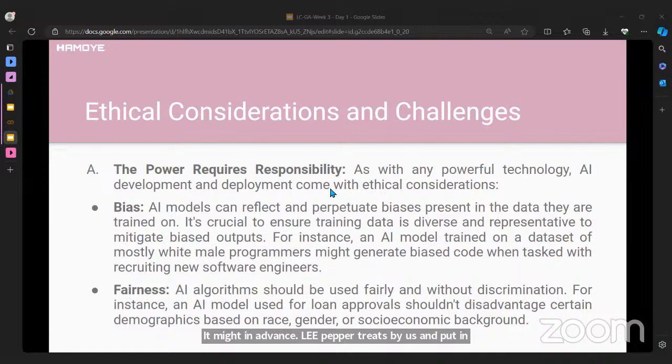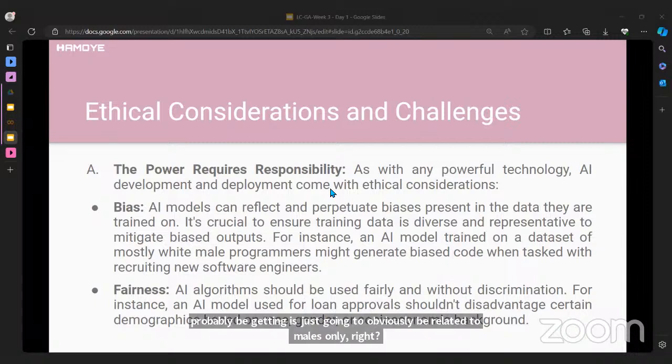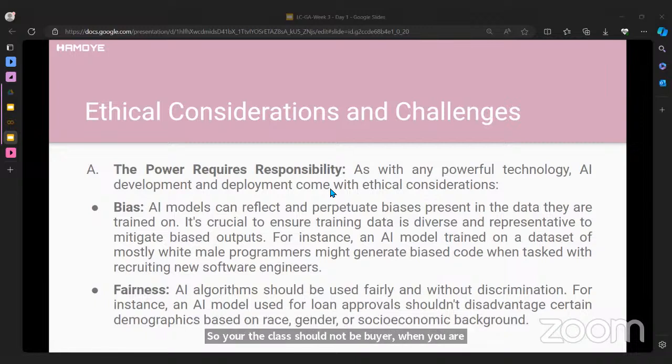So if it's all about males and maybe you are trying to recruit a female, the information you'll be getting is obviously going to be related to males only, right? So your data should not be biased when you're training these models. To combat this, it's essential to use diverse and representative training data, ensuring fairness and objectivity in AI-generated outcomes.